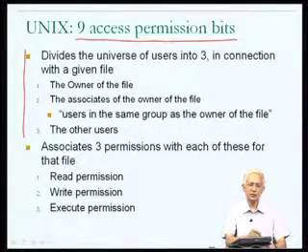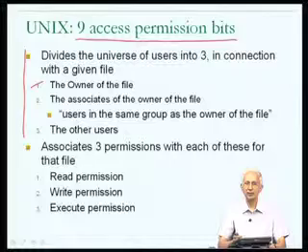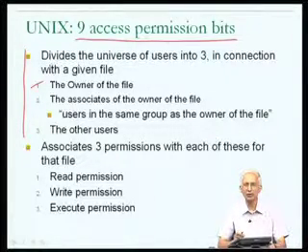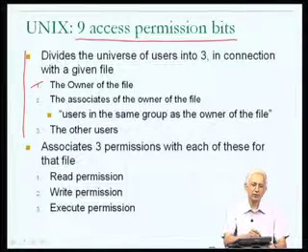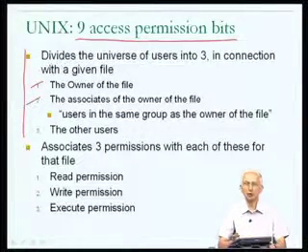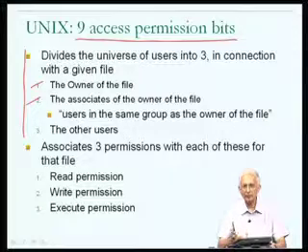The 3 sets are, first of all, the owner of the file, and we understand now that associated with each file there is going to be a particular user who is considered to be the owner of the file. The second set of users that the operating system maintains information about is the associates of the owner of the file. In other words, the other users on the system who associate with and collaborate with or interact with the owner of the file.